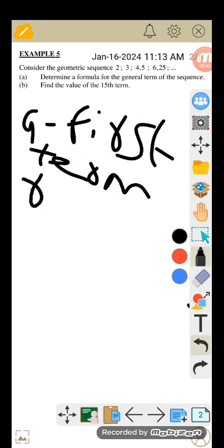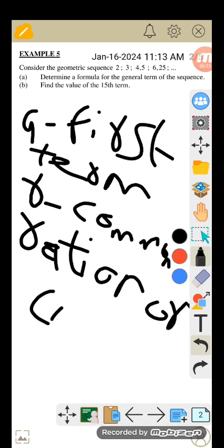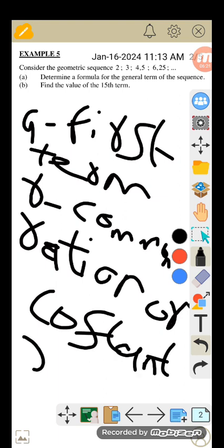Where also our R is the common ratio, or constant. You can call it constant also, or constant ratio.